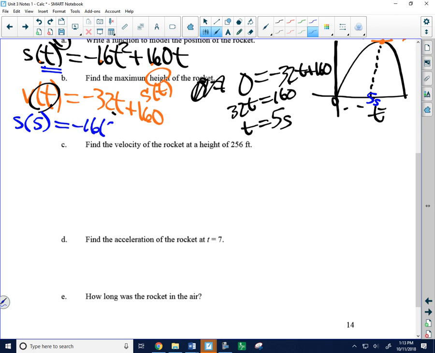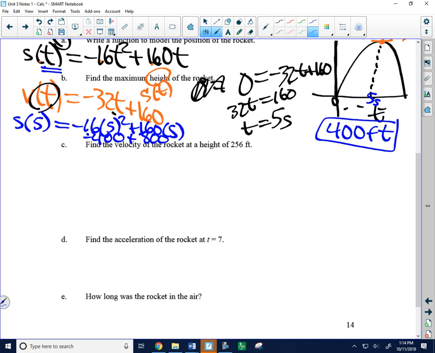Negative 16 times 5 squared plus 160 times 5. 5 squared is 25 times negative 16, negative 400, plus 160 times 5 is 800. And so we get 400. This was feet.